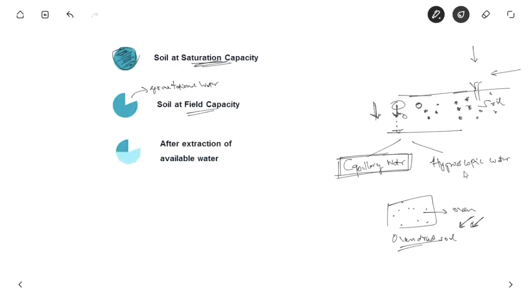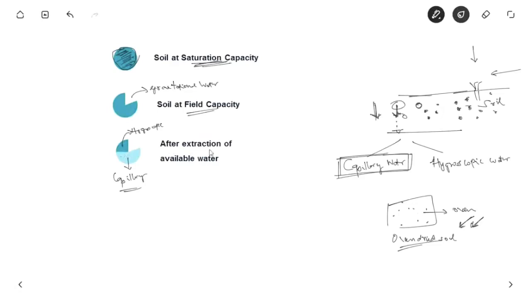That water absorbed from the air is known as hygroscopic water, because a very thin surface of water is held by the soil. And this is the capillary water.